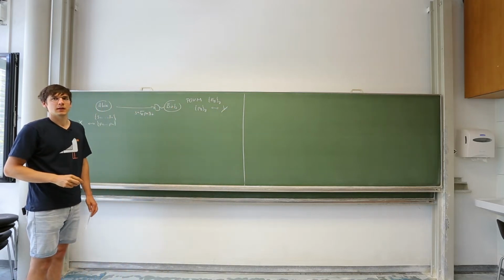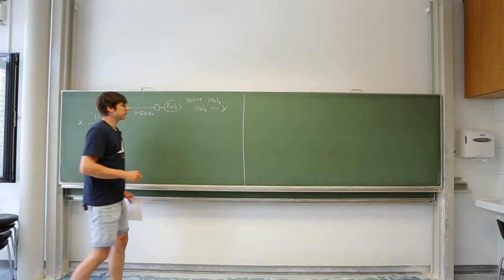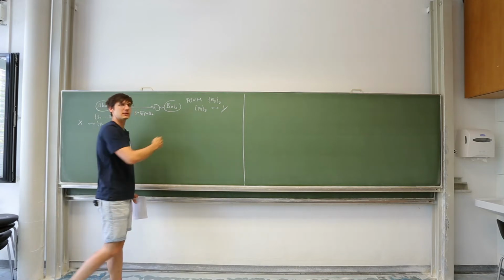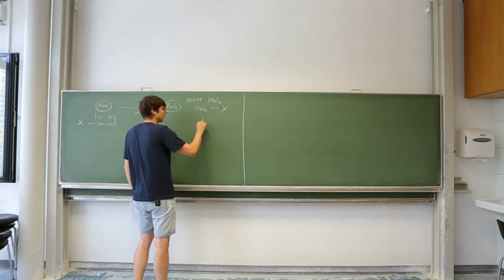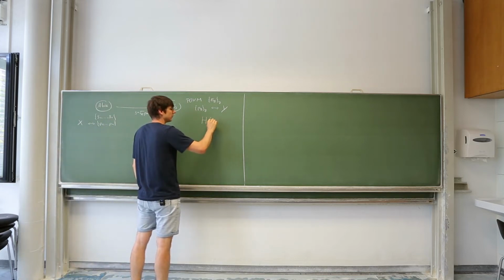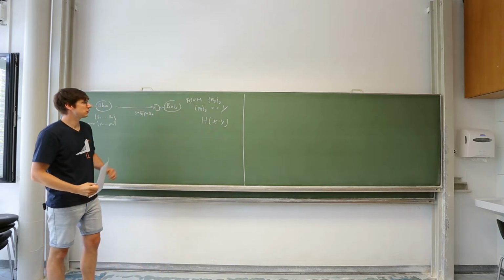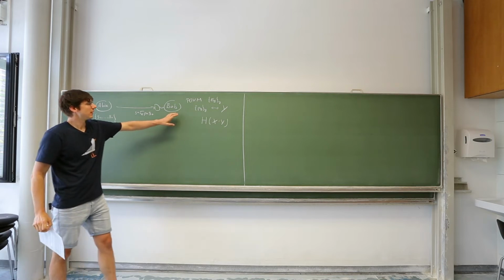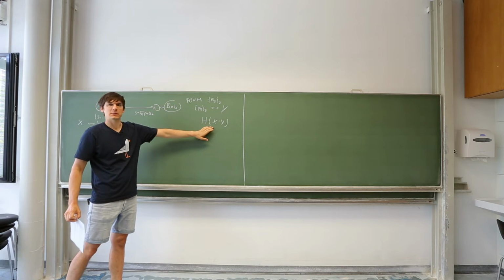Okay? And last time we also argued that the information that Bob has about the random variable X can be quantified by the mutual information H(X:Y), right? And Bob wants to choose this measurement such that the mutual information is maximized. Okay?